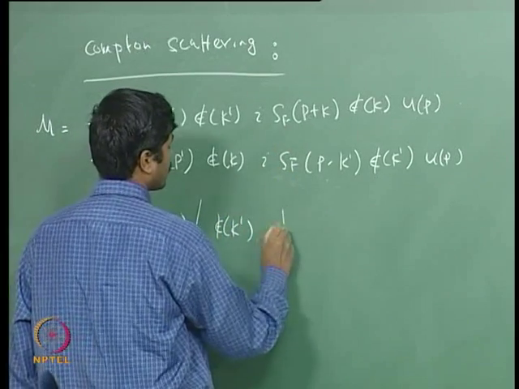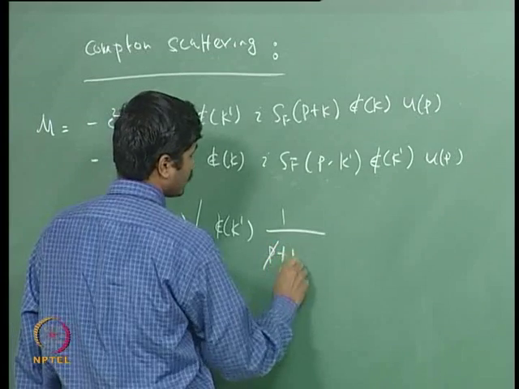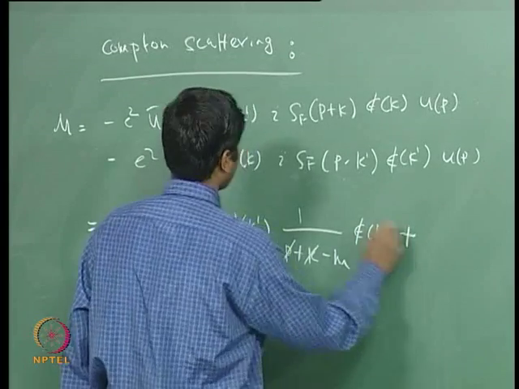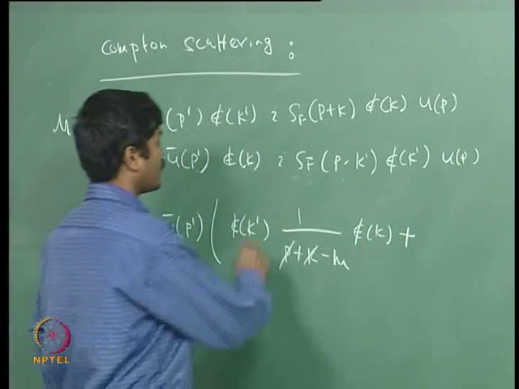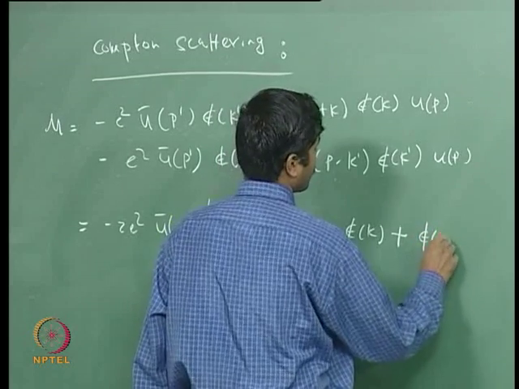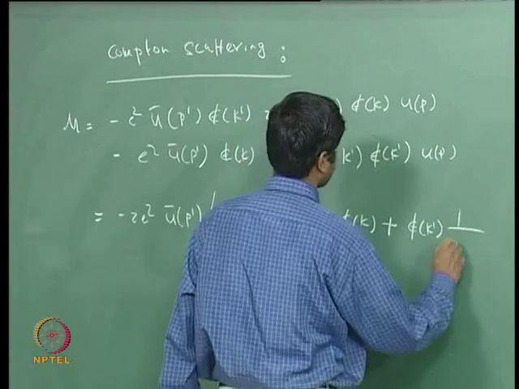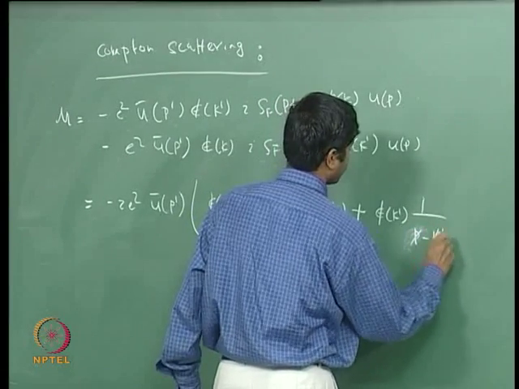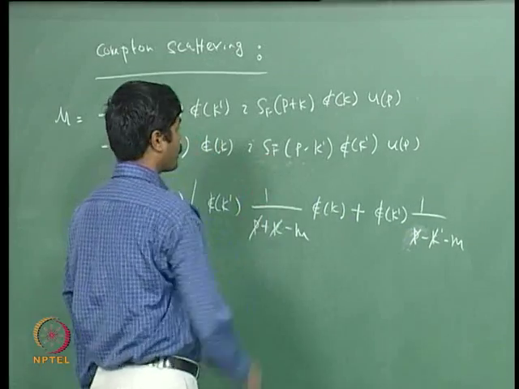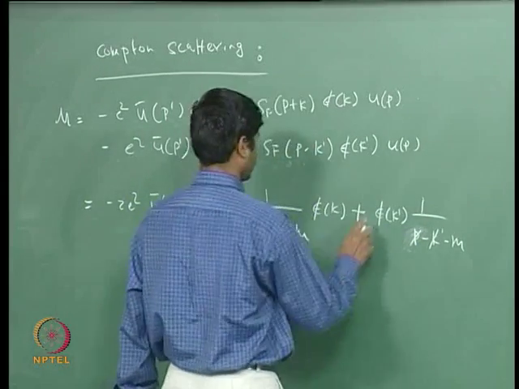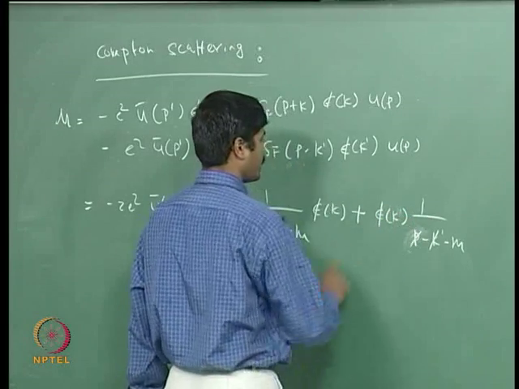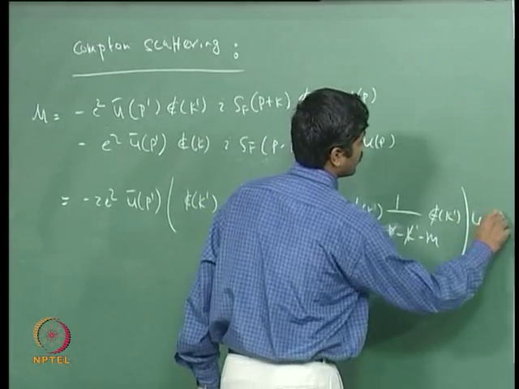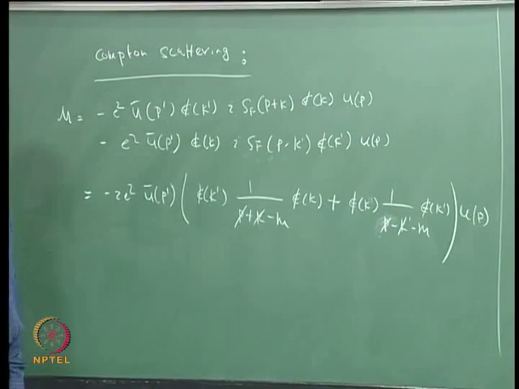For the fermion propagator, I have 1 over (p slash plus k slash minus m), here epsilon slash k, and then from the second term I get epsilon slash k prime, 1 over (p slash minus k prime slash minus m) for this propagator here, and finally epsilon slash k prime u of p. That is all we have.